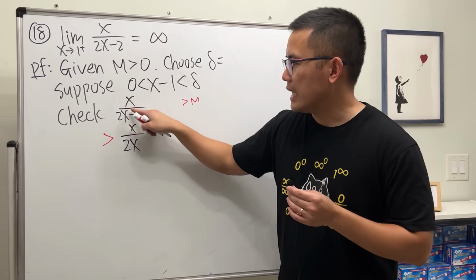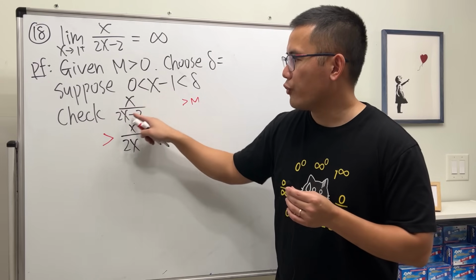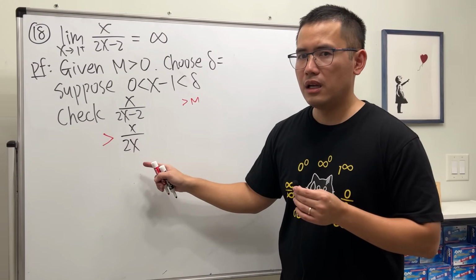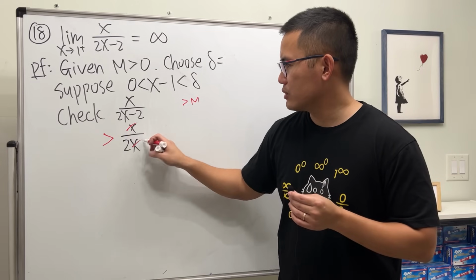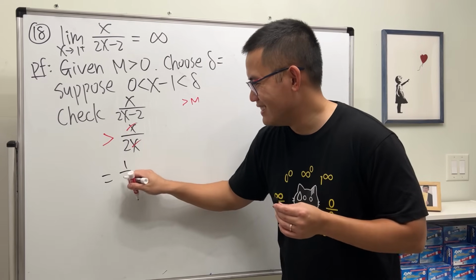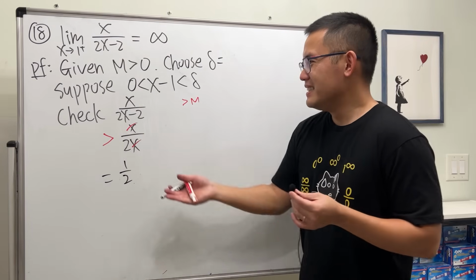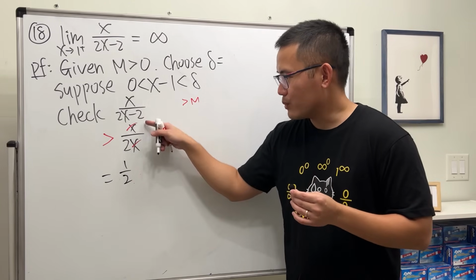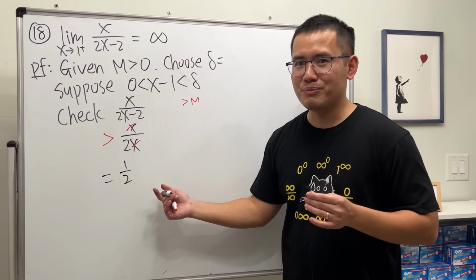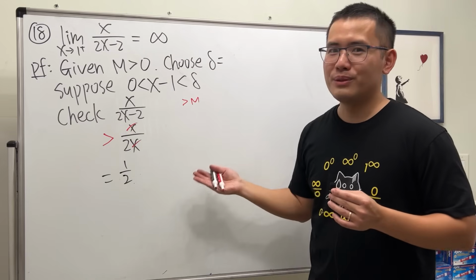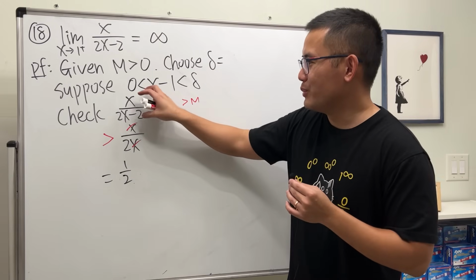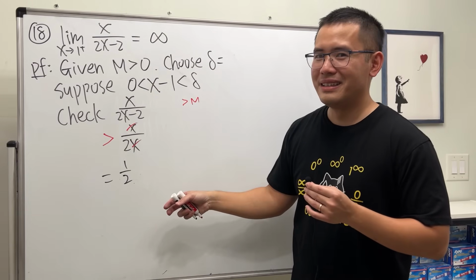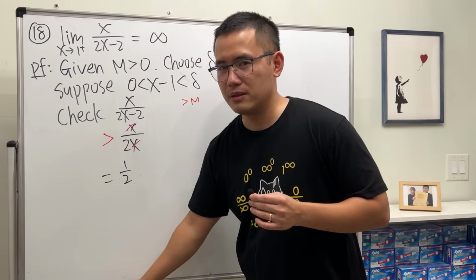Because this denominator is smaller than that, so the whole fraction is bigger than that. Cancel, and 1/2. This right here is legit. Don't get me wrong, this right here is legit, but this is not what we are trying to do. We are trying to make a connection between this and also the M. Alright? So don't do it like this.